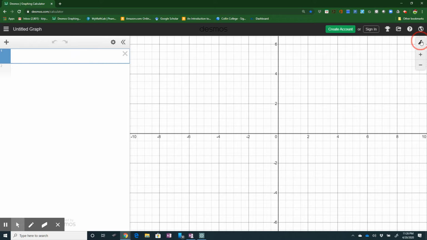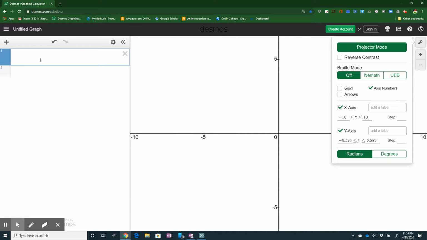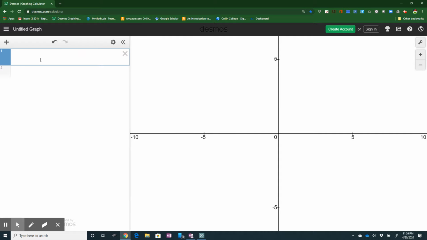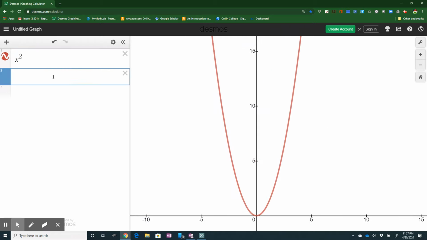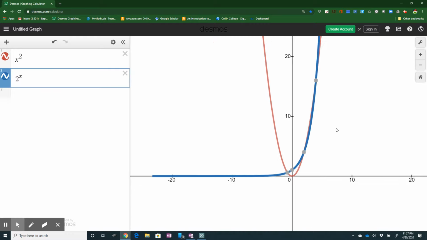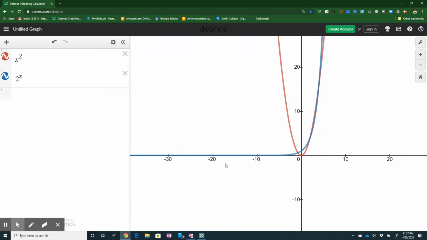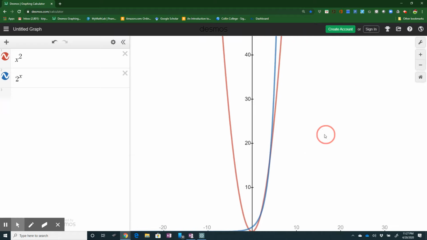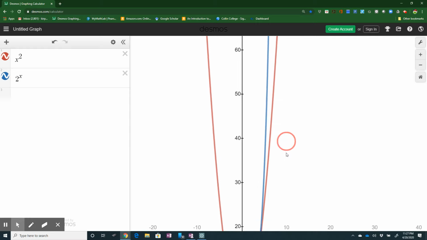So for polynomials, we have, for instance, x squared. Okay, so there's x squared, whereas 2 to the x is the exponential. And notice that they're completely different. Okay, the exponential starts out pretty flat, and then it goes upward, and it actually is steeper than the x squared.